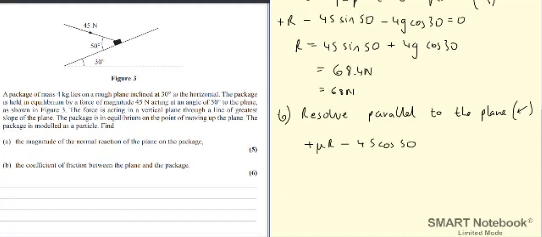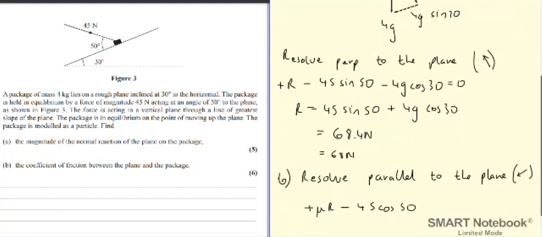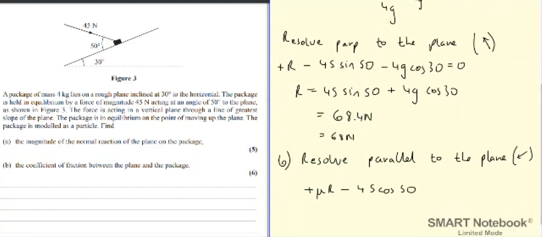That was acting parallel to the plane. If we think about the weight of that object, that was broken into two components. That also has a parallel component, and that's 4g sine 30. But that is acting in the same direction as what we are going in. So we've got plus 4g sine 30 equals 0. That's what we should have had.